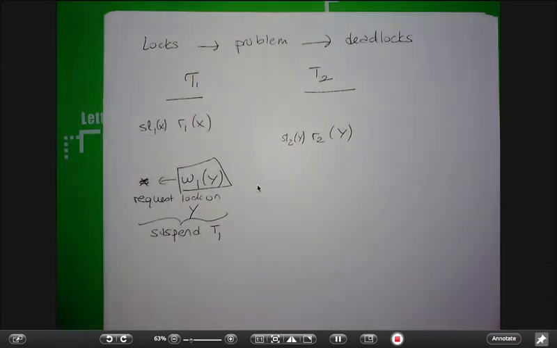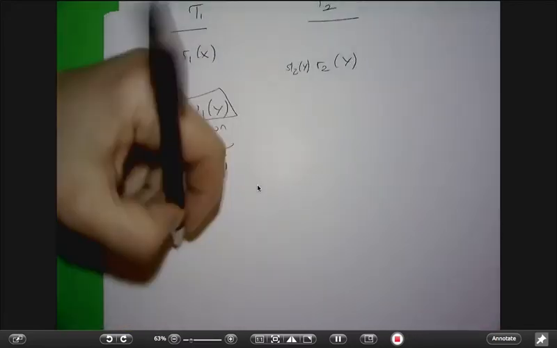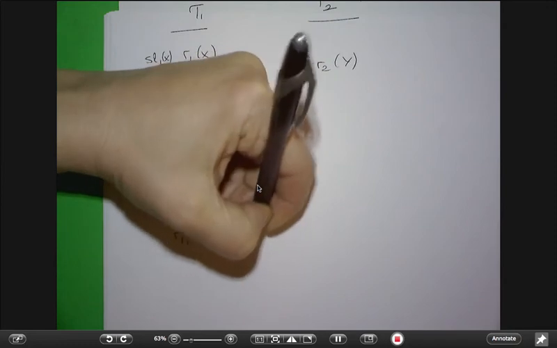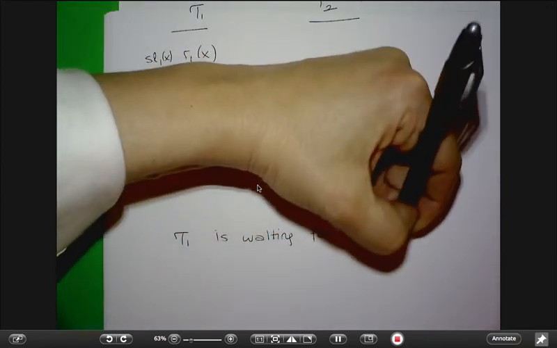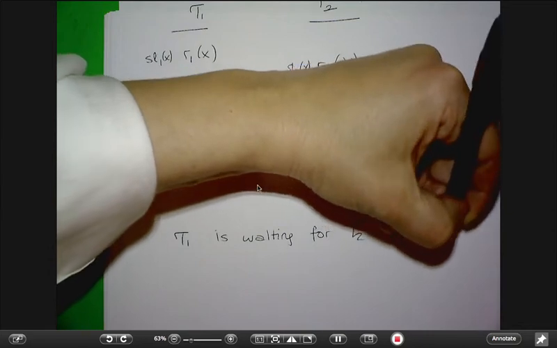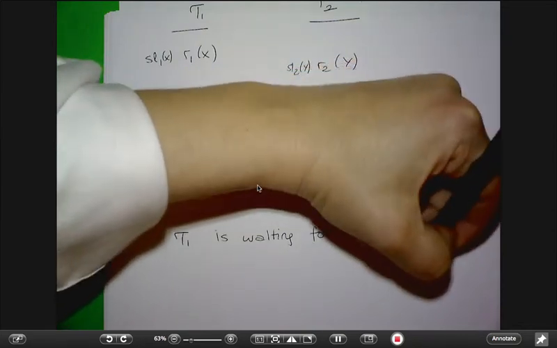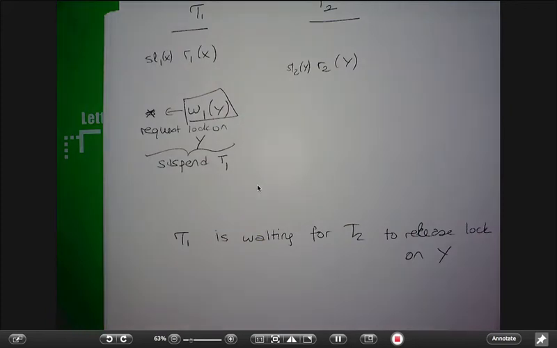T1 cannot go on until this lock is released, right? So basically all this means is that T1 is waiting for T2 to release the lock on y. Okay. So T1 is suspended.